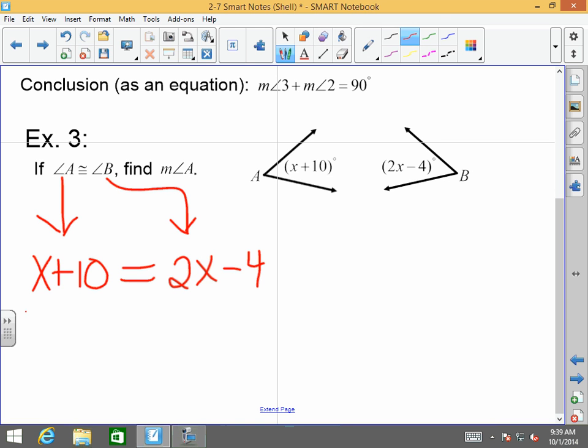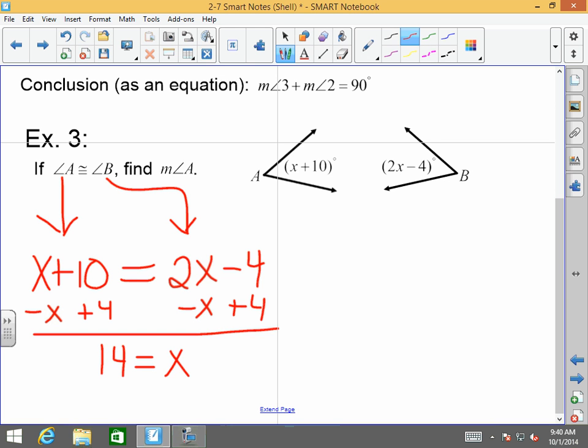And now this is just simple algebra. I subtract x from both sides and I add 4 to both sides. So 14 equals x. Please be aware that is not your answer. It depends what they ask you. If I had said to you solve for x, that would be your answer.